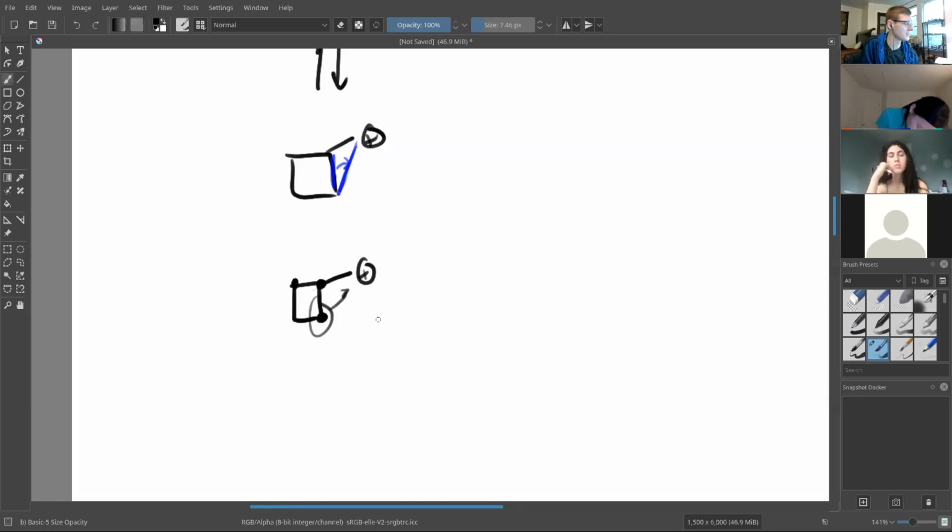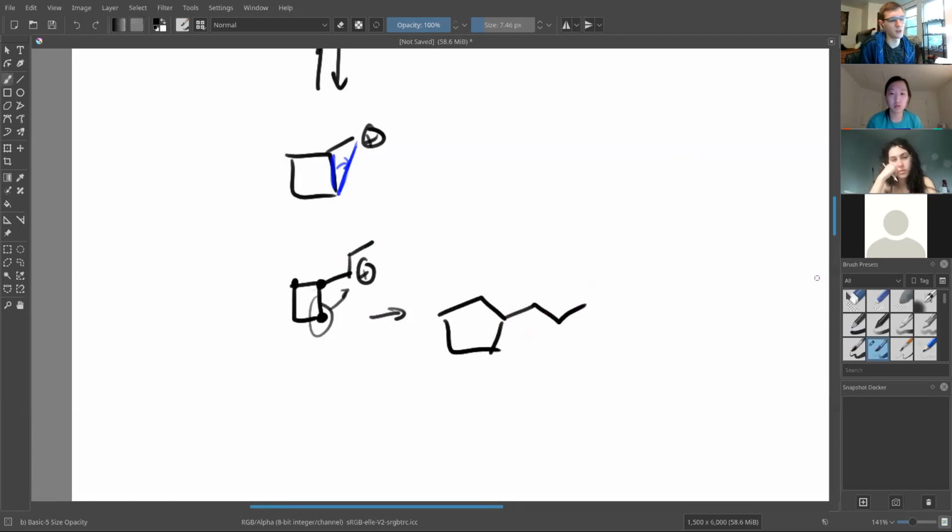So the point here is, it's very easy to do something that looks like, okay, I don't know how in this situation it would happen, but let's say you have a longer chain, right? If you have something like this, it's really easy to do something that looks like this, right? But this is wrong.